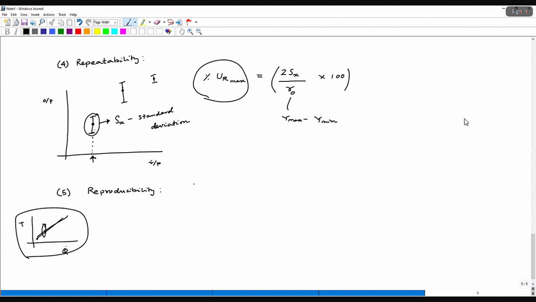Okay, so basically three things, as I said: the individual doing the test, the location or the condition for the test, and the instrument that is being used.